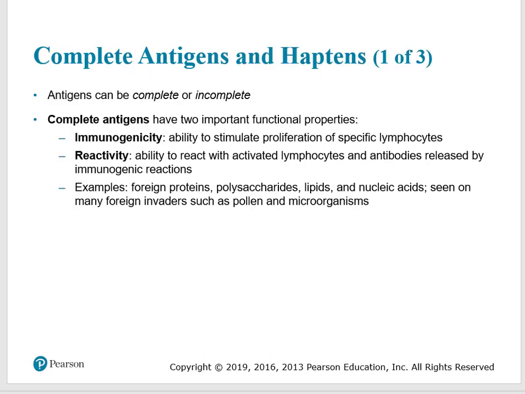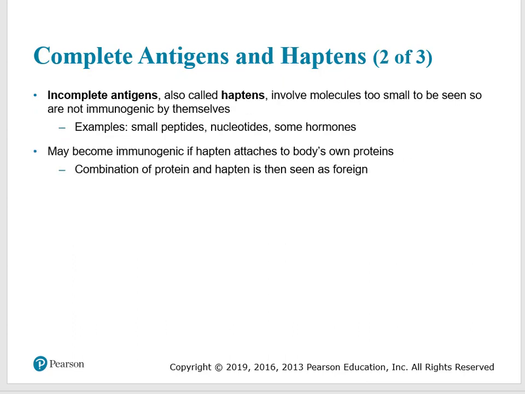A complete antigen has two properties, immunogenicity and reactivity. Immunogenicity is the proliferation of specific lymphocytes. Reactivity is being able to react with the lymphocytes that were activated or the antibodies and cause an immune reaction. These two things are important for you to be a complete antigen. An incomplete antigen, by itself, does not provoke an immune response, but when it goes into the body, it binds to the proteins in our own body.